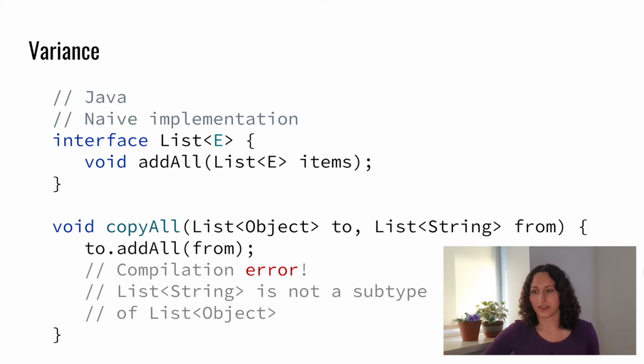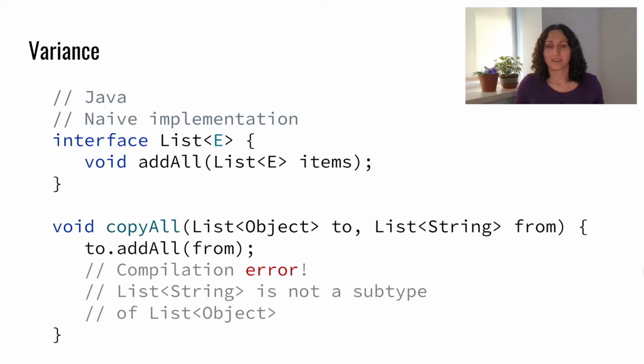We can put list of string elements into a list which contains objects, and it's pretty safe from our point of view. But the compiler doesn't know anything about it, and we'll get a compilation error here because, again, list of strings isn't a subtype of list of objects. But we still need a method. We still want to call this method with our types.